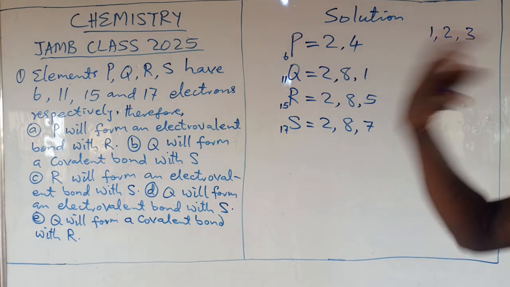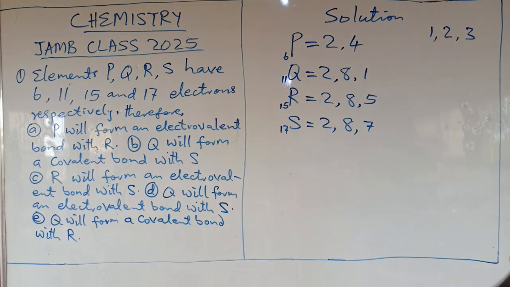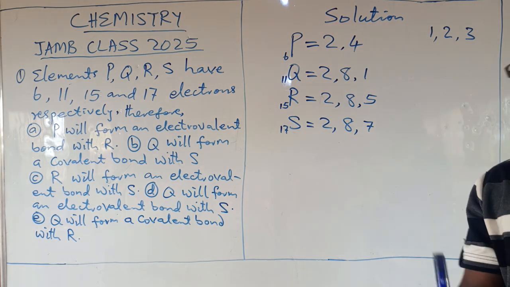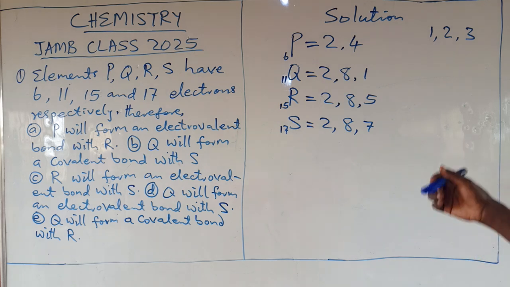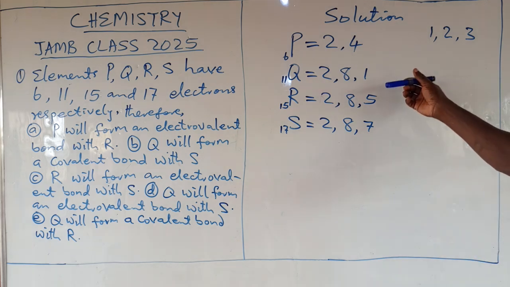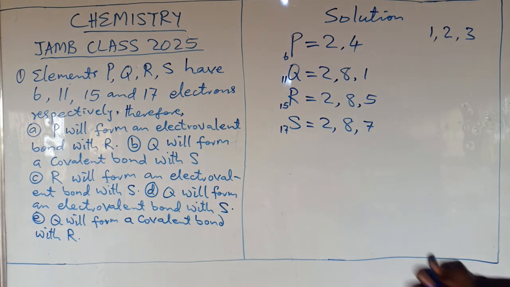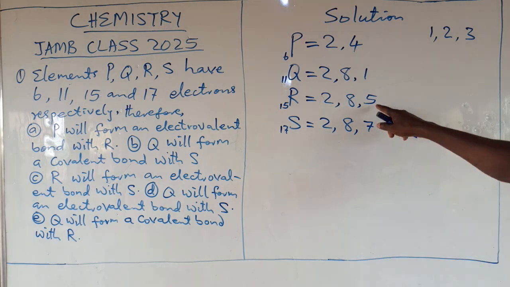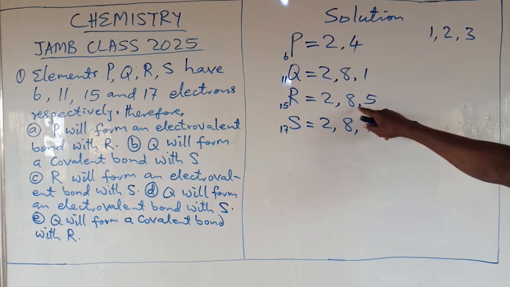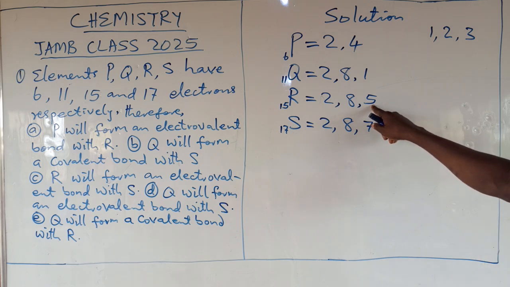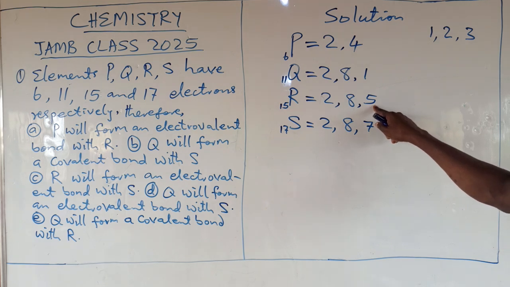Anyone that has above 4 can accept electrons. For example, this one has 5, and because the third shell can accommodate only 8, it is looking for 3, so it can undergo electrovalent combination by collecting electrons.